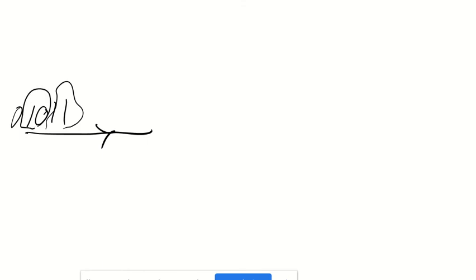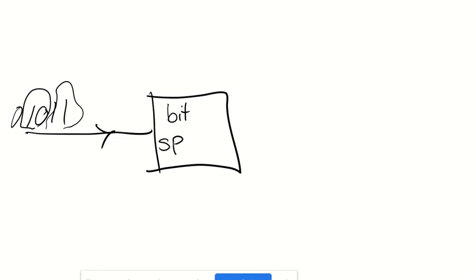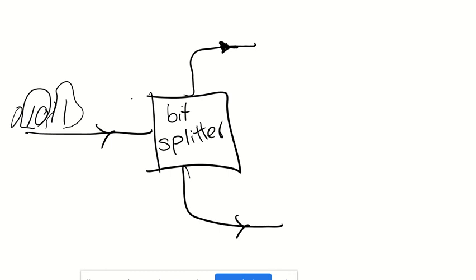Okay, so in order to do that, when you look at the device that does this, there is a bit splitter that is here. And what it does is sending even bits here and odd bits here, as the books usually say. So what does it mean? That means that these bits are all in line, right?